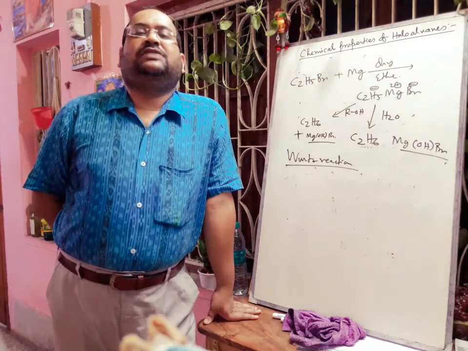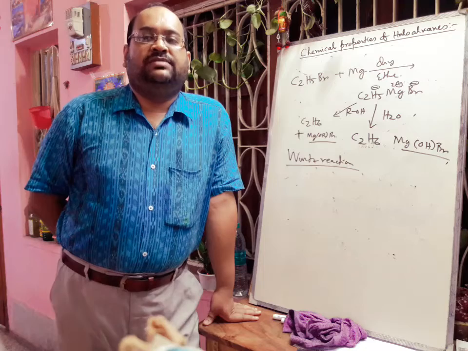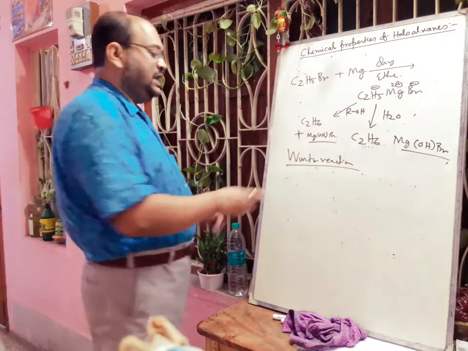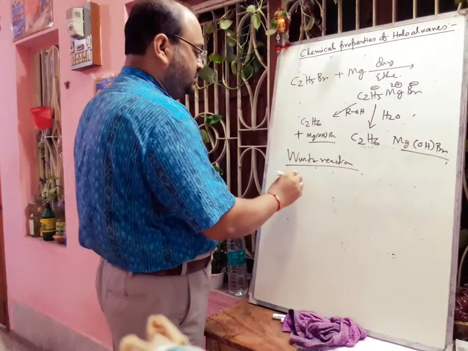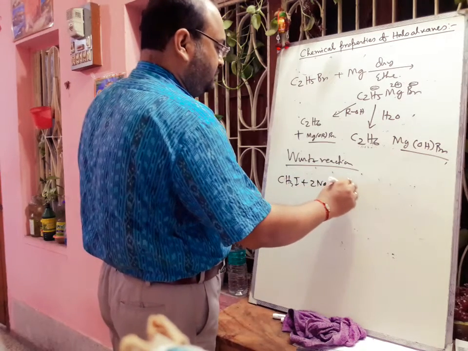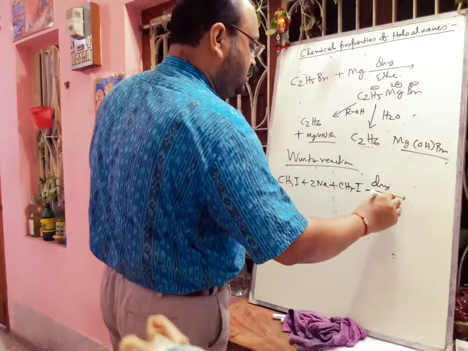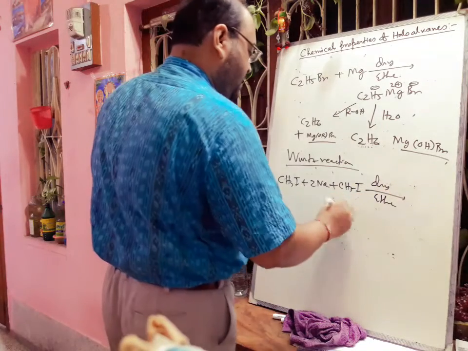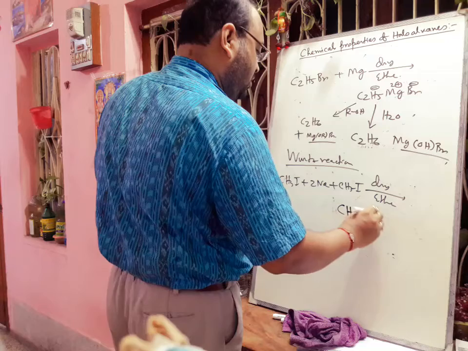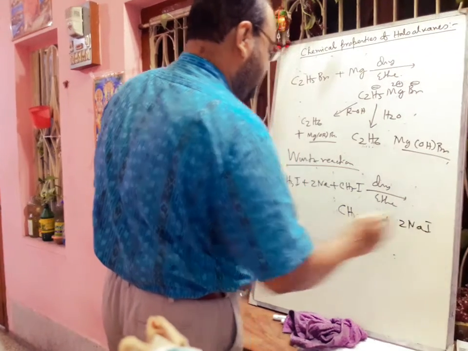This method actually is not suitable for the preparation of unsymmetrical alkanes. If we take methyl iodide and sodium, and we have to use dry ether here also, then there will be a radical type of mechanism and we will get an ethane molecule with formation of twice NaI.